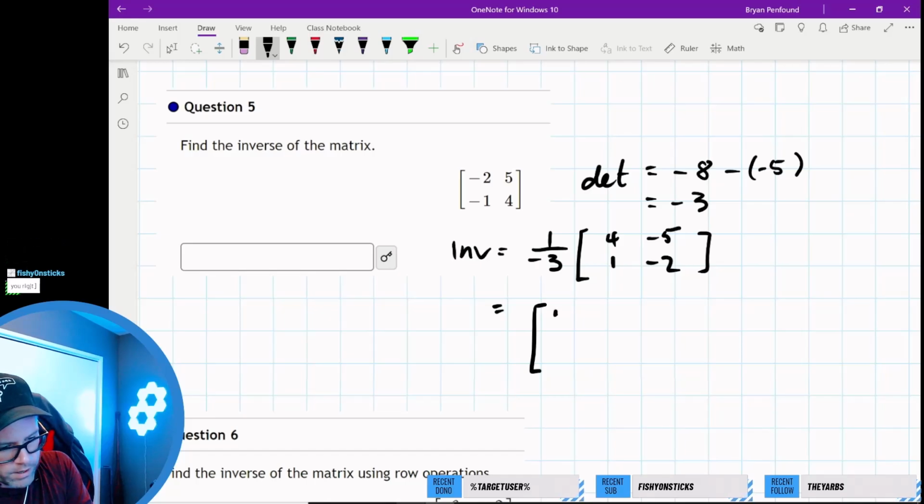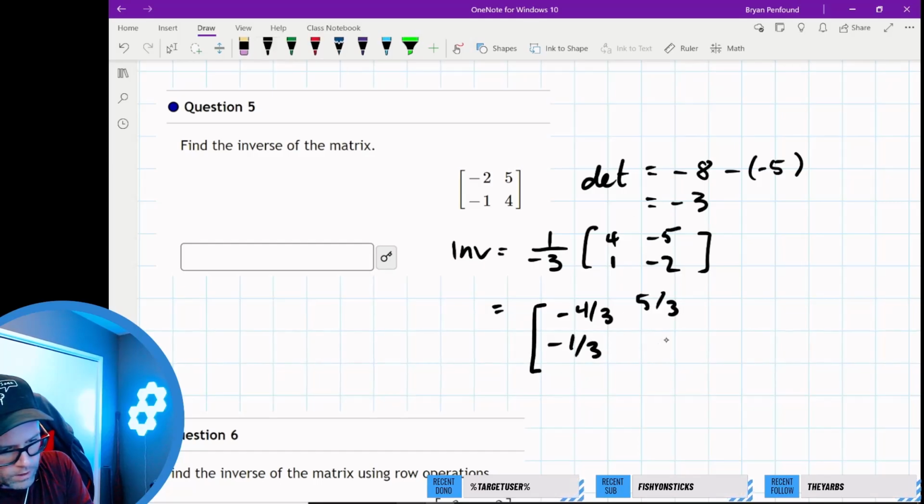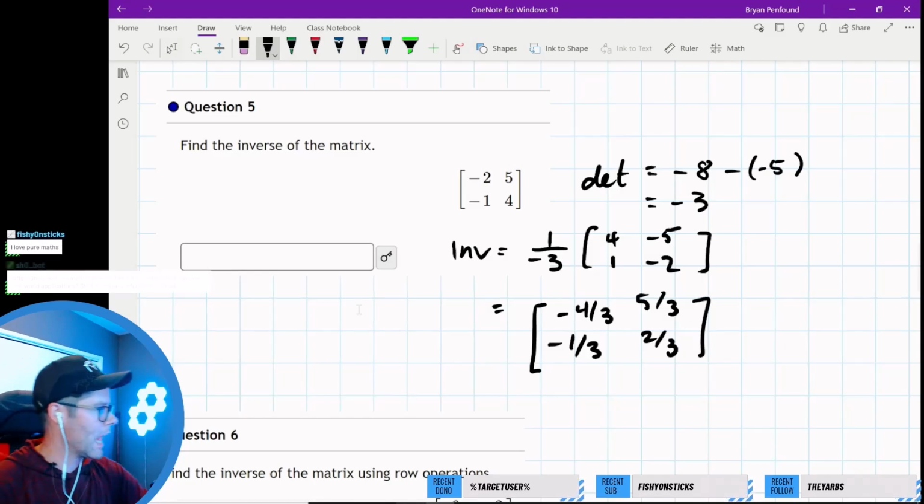So what do we get here? Negative 4/3. So negative 4/3, 5/3, negative 1/3, no comma, and 2/3. Is that what that looks like?